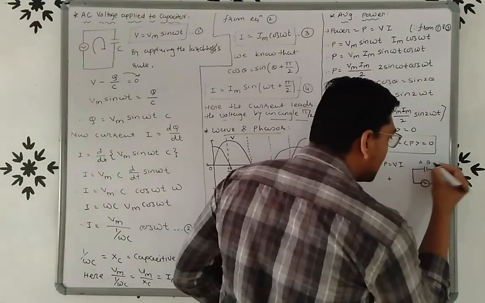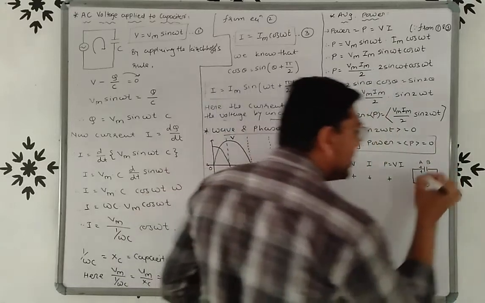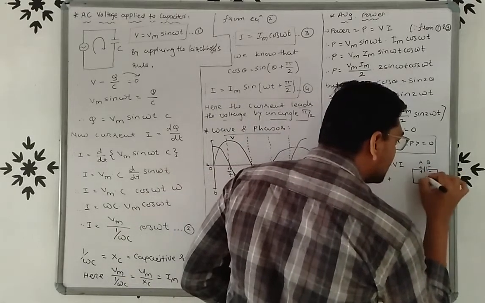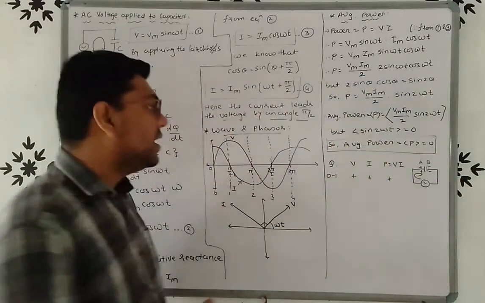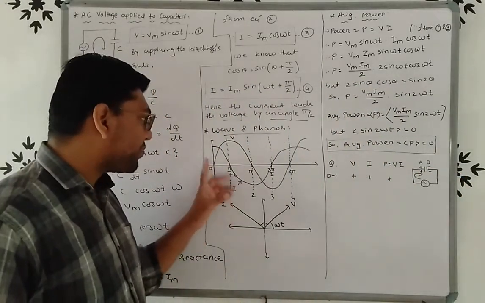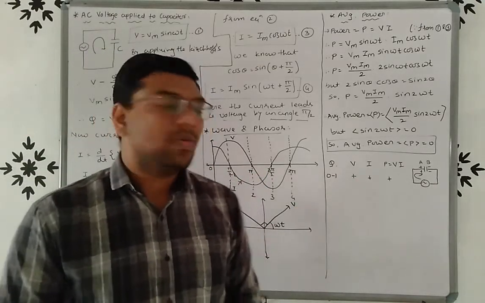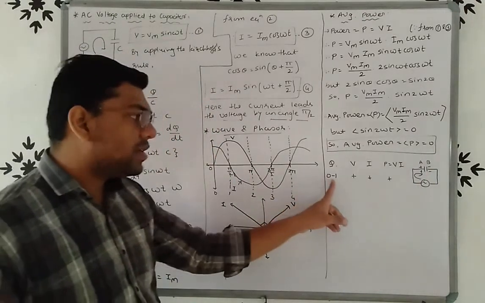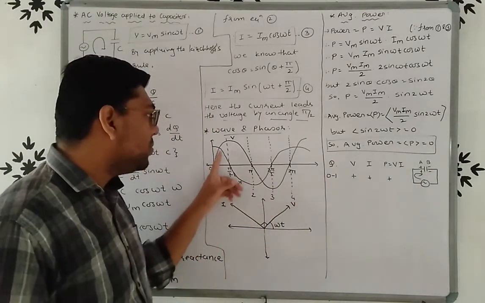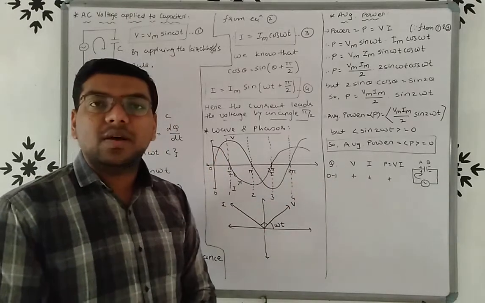Suppose plate A becomes positive, then plate B becomes negative, and the direction of current is clockwise, right? As we connect the AC voltage to the capacitor, for the first quarter voltage and current are both positive, so the product of voltage and current is positive.